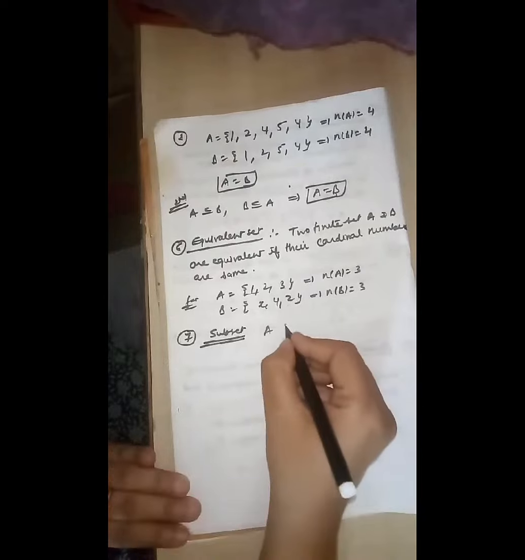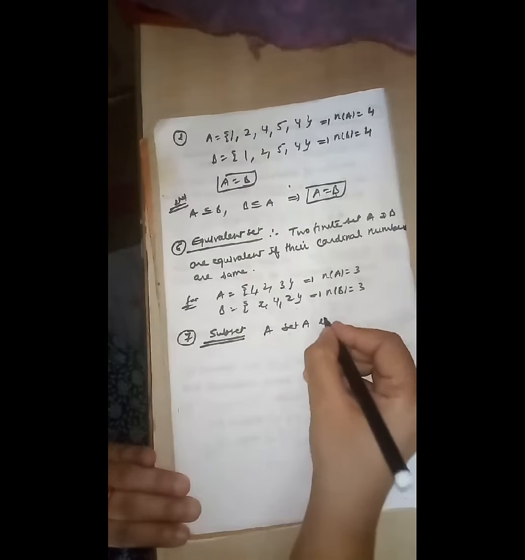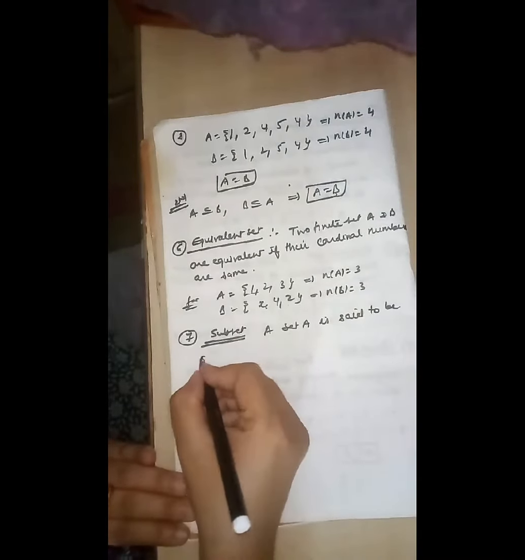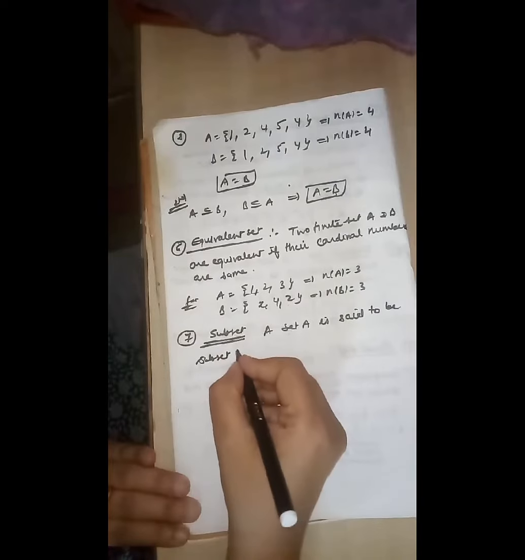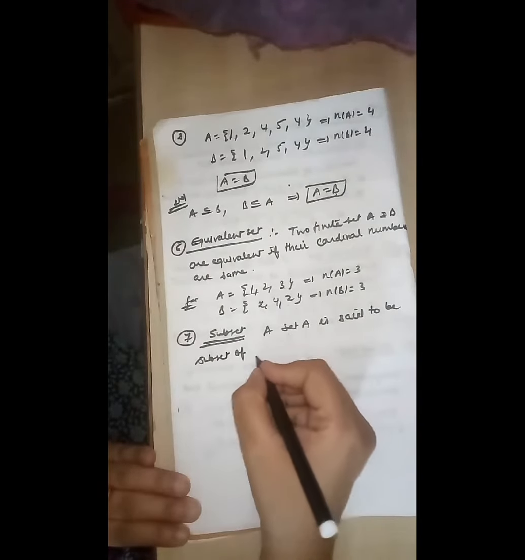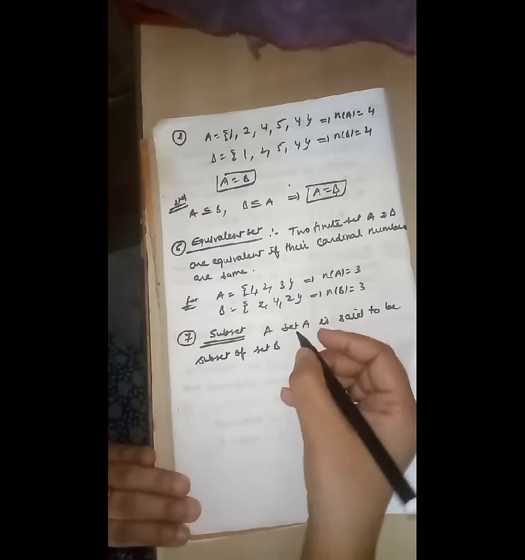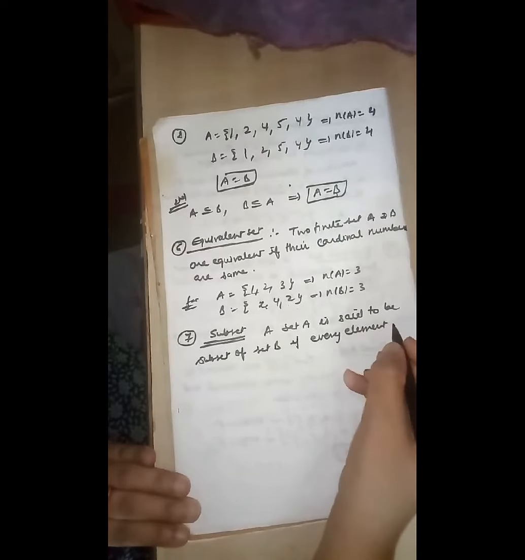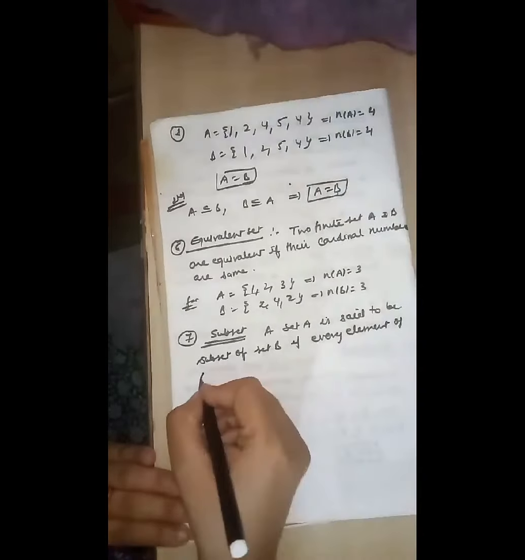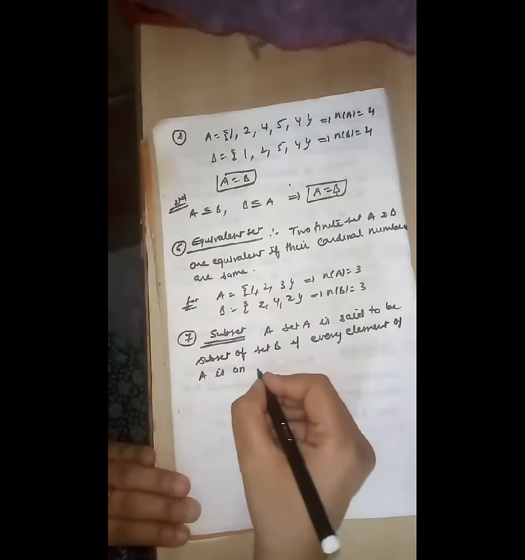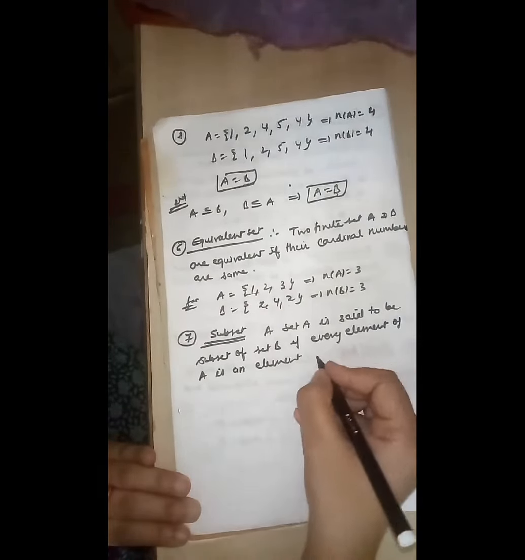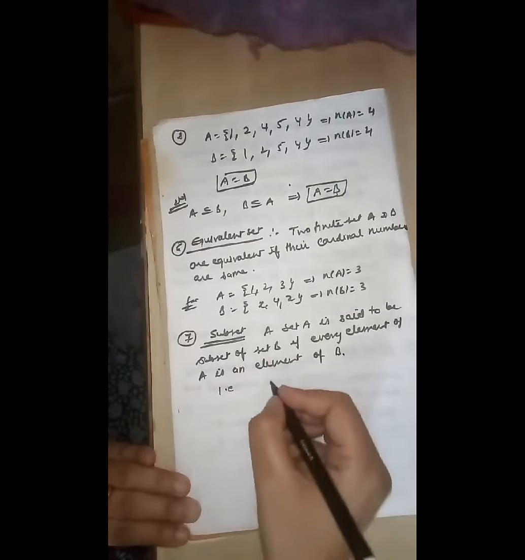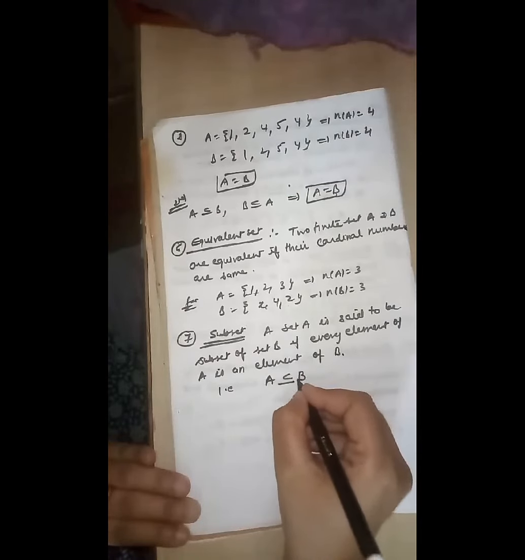A set A is said to be a subset of set B if every element of set A is an element of set B.